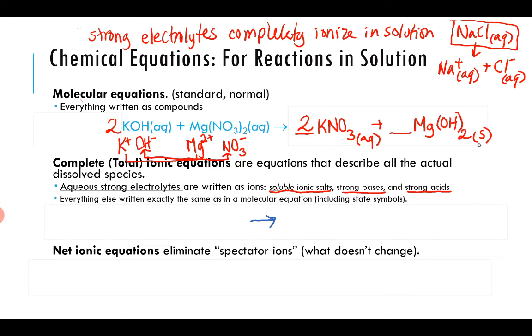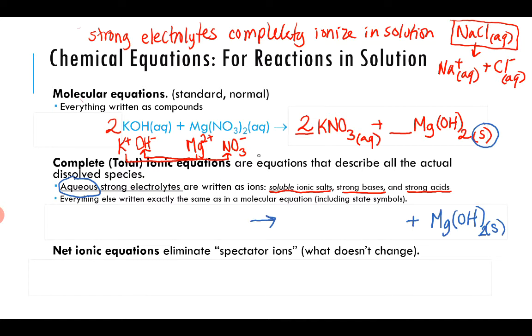This compound over here is a solid, so I'm going to copy it down straight as it is because it's not aqueous. It has to be aqueous for us to write it as ions.